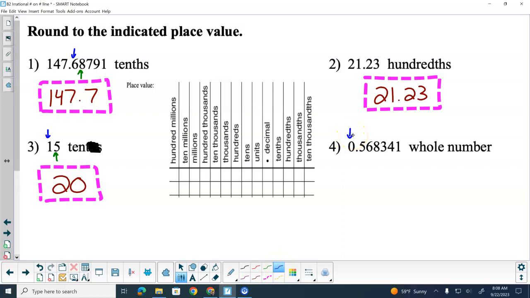Look back. Is that a round up or stay the same? Round up, so then that would round up to be just 1. Thumbs up on all 4 of those? Yeah. Tricky one, number 2.